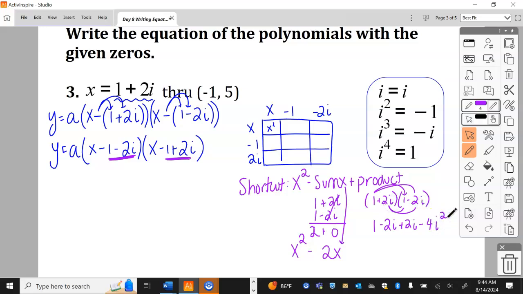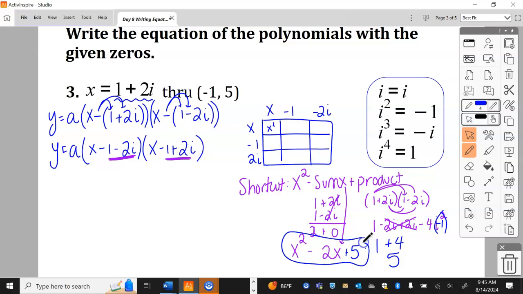And we can clean this up. -2i plus positive 2i is 0. And then i squared is equal to -1. So this piece right here is actually -1. So then you have 1, -4 times -1 gives you a positive 4, which gives you 5.